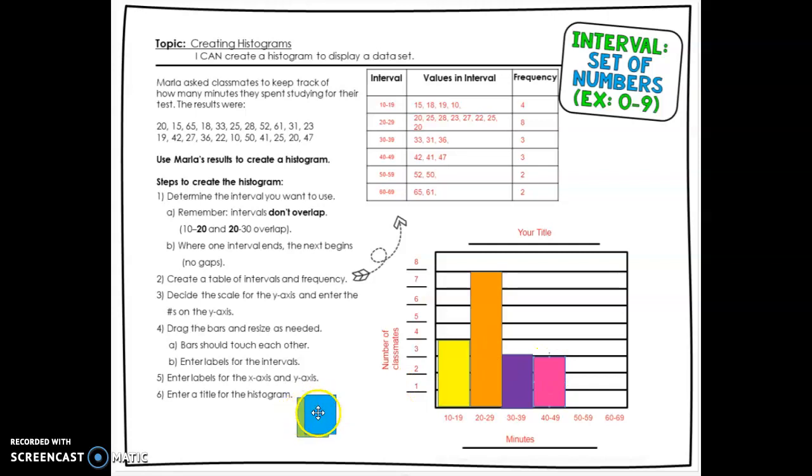And the next one, 50 to 59, is 2. And this is almost at 2. I am going to make it go a little bit shorter. And then lastly, over here, this one is also at 2.